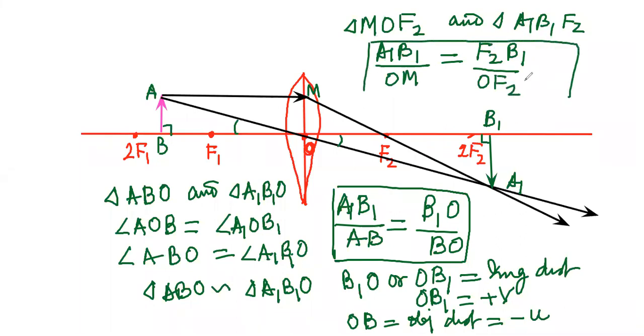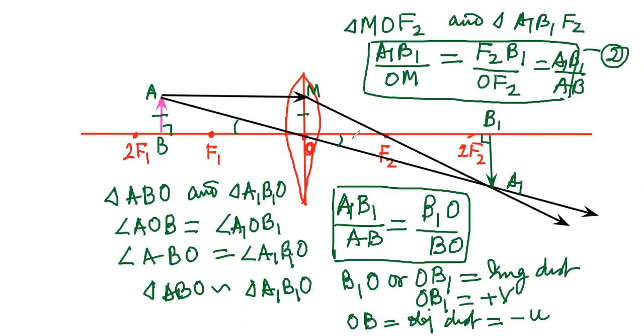Now children, what is OM? OM is equal to AB. So I can write this is equal to A1B1 by AB. So this is another equation we have got. Let us consider this to be equation 2.